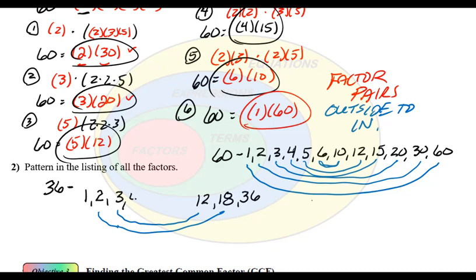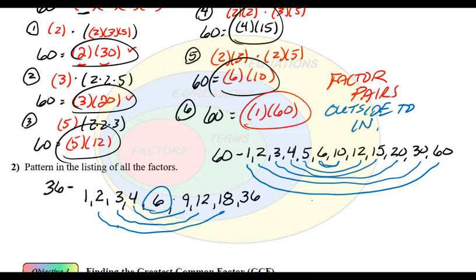And then 4, well, 4 times 9 would work. 5 doesn't go into 36, but 6 does, and 6 is a pair with itself, 6 times 6. We don't need to list it twice, but we know that this factor is a pair by itself. So do we have all the factors?